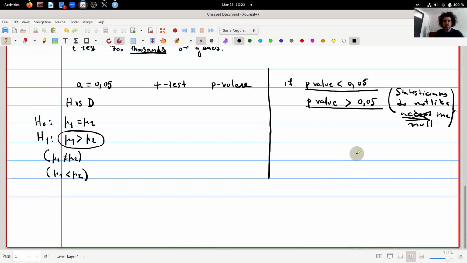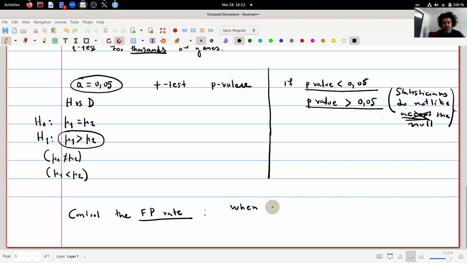Now, why we set this alpha here is that what we try to achieve with this alpha is to control the false positive rate. So just to remind you, a false positive is when the test rejects the null hypothesis.